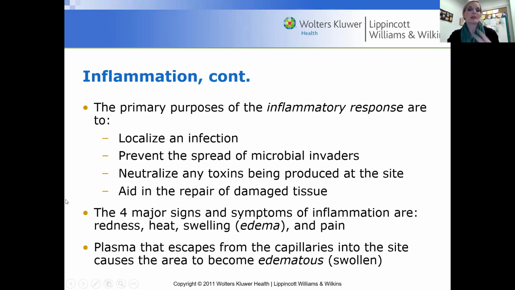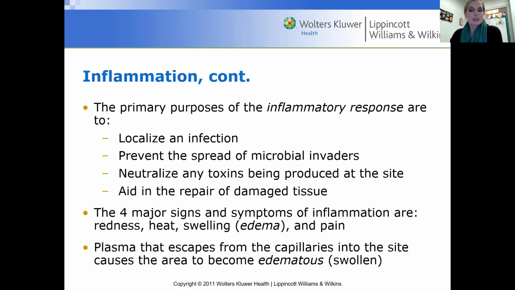So the primary purpose of this is to localize the infection, to make sure that we're not spreading that infection throughout the body, that it stays right there at that site to prevent the spread of those microbial invaders. Help neutralize any toxins that could be present at the site. We want to try to get those down so that, again, there's no harm done, and then aid in the repair of any damaged tissue. So like I said, sometimes if a clot has to take place, or again, just repair anything at that site.